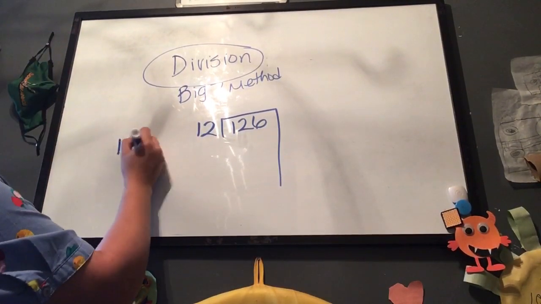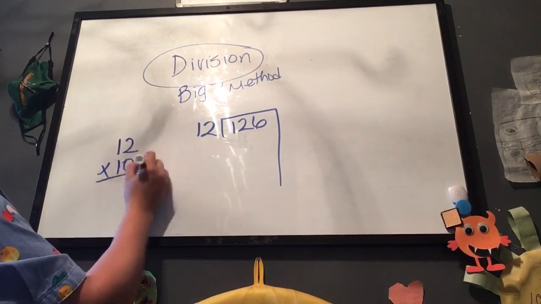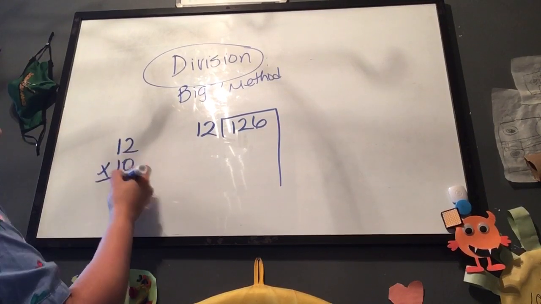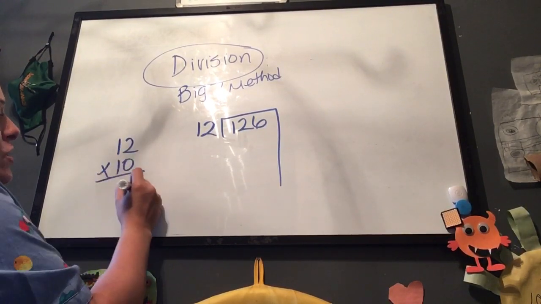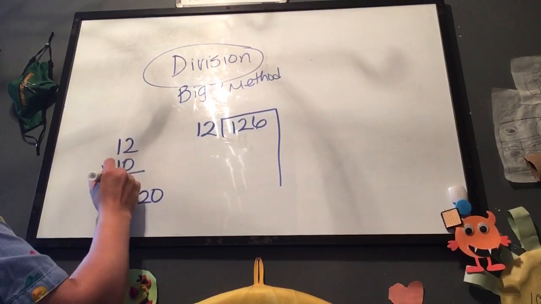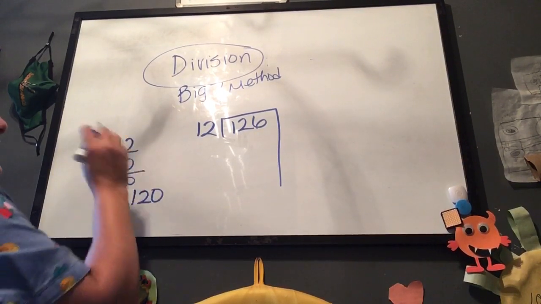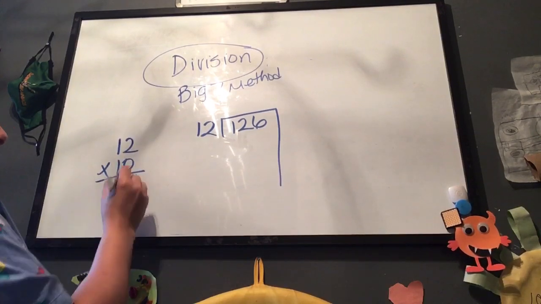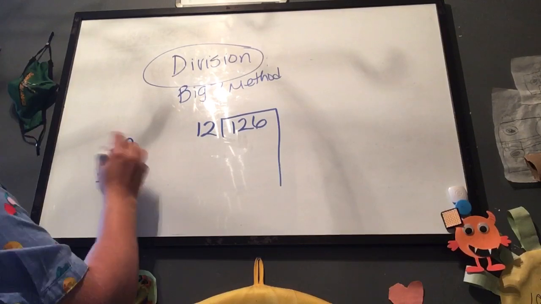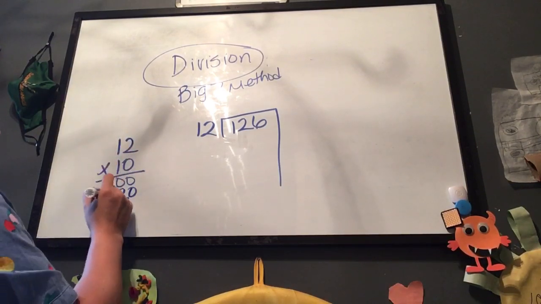Well, when we do 12 times 10, once you get to the point, you would understand that when you multiply a number by 10, you can just add the 0 at the end. Because when you multiply it up, 2 times 0 is 0, 0 times 1 is 0, and then we have the 0 to hold a spot here, right? 1 times 2 is 2, 1 times 1 is 1.